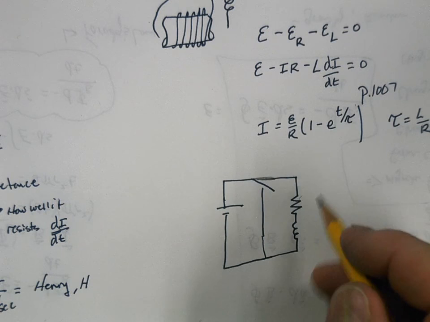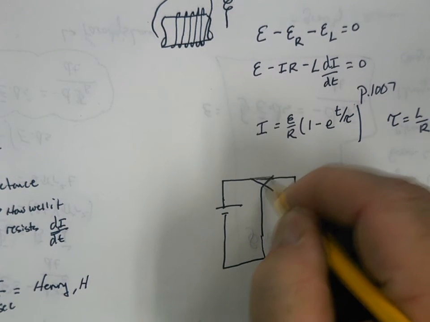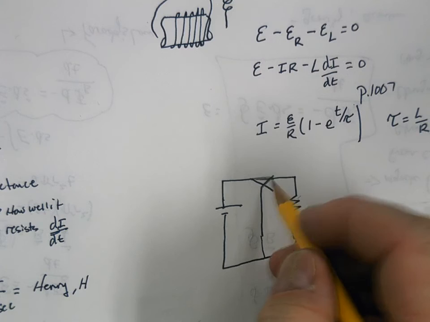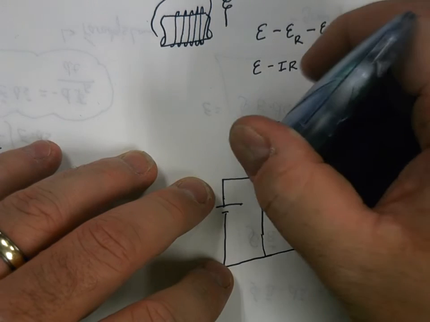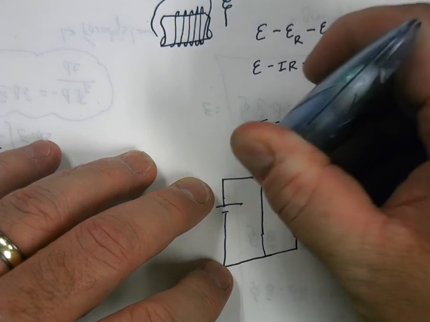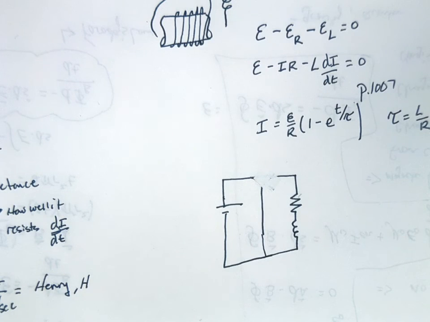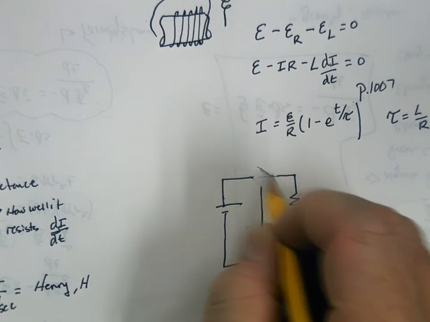However, tune in, guys. I know I put the switch in the wrong place. Hold on, I don't want to confuse you with my switches here. It should go this way.